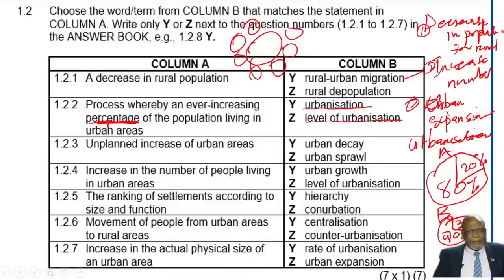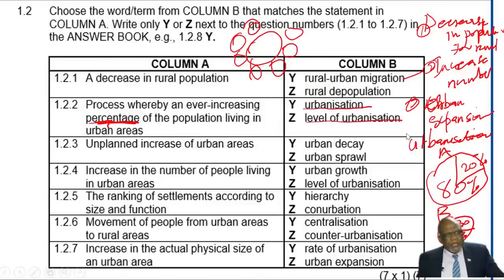In poor countries where the population in rural areas is suffering a lot of poverty, we are going to experience a high rate of urbanization. There's going to be more people moving out from rural areas to urban areas. So the rate refers to the pace or the speed at which urbanization is taking place.